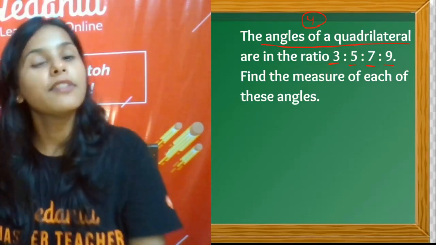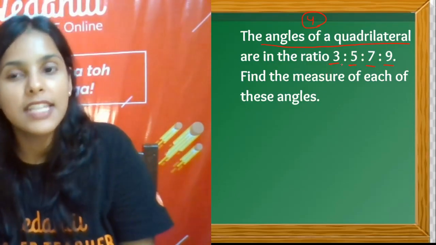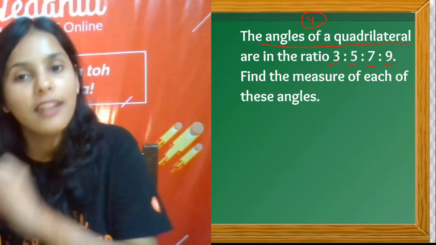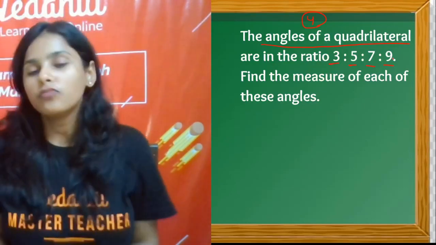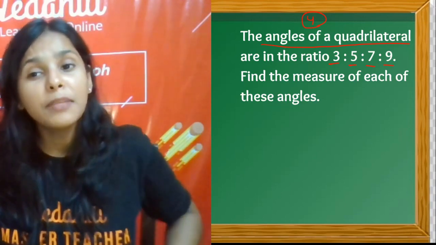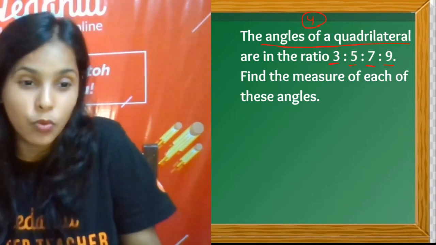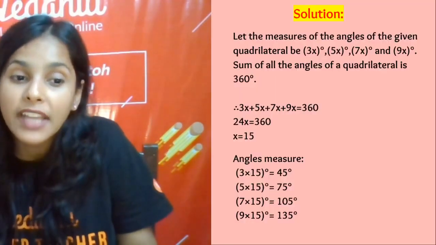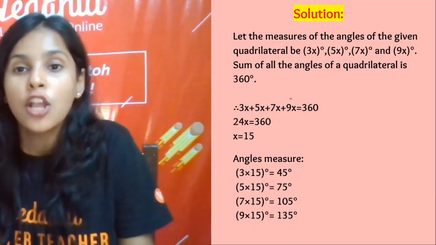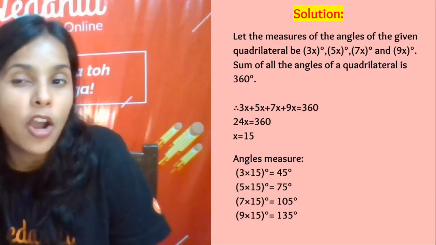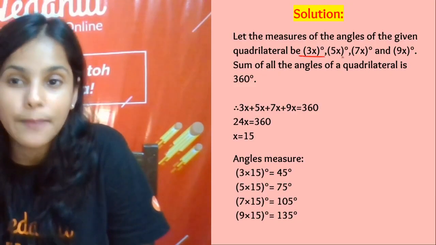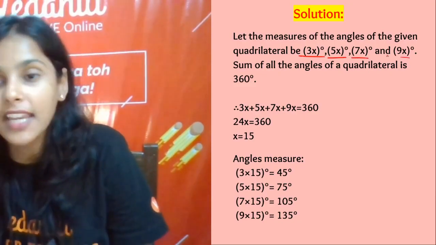So respectively we are going to name the angles 3x, 5x, 7x and 9x. As simple. Now you need to find the measure of each of these angles. So let the measure of angles of the given quadrilateral be 3x, 5x, 7x and 9x.